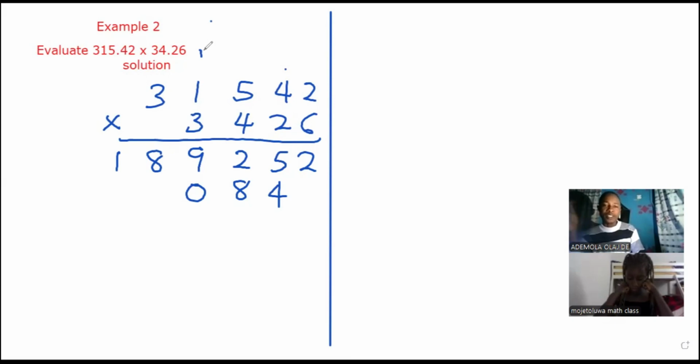Plus the one you kept here, 3. Then you say 2 times 3, the last digit, 6. So we are done with using 2 to multiply the number up.